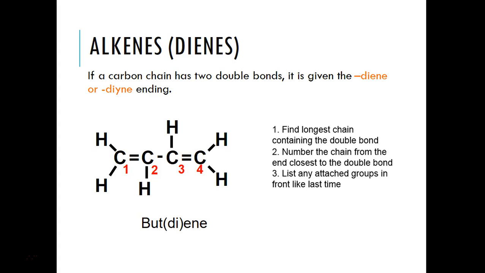You can see that we have 2 double bonds in this example. The double bond starts at the 1st carbon and then starts again at the 3rd carbon. So this is how we name it: 1,3-butadiene, to tell us that we have 2 double bonds inside this long carbon chain.